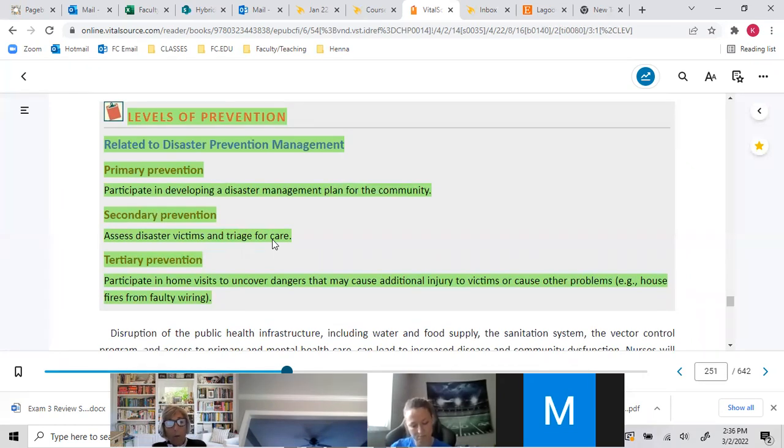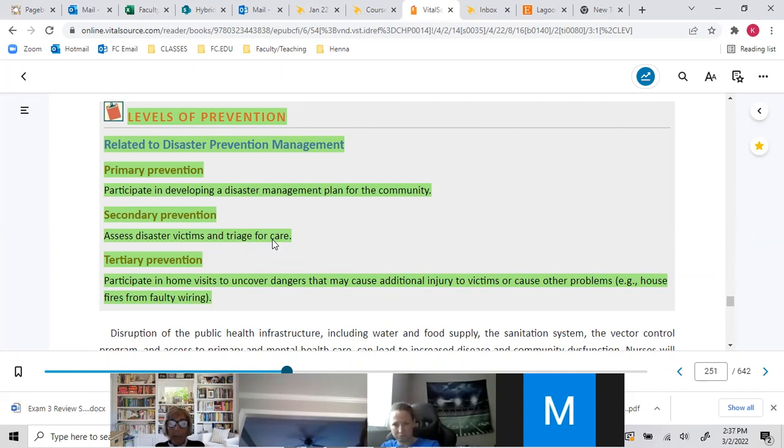All right, so let's figure out our levels of prevention related to disaster management. Primary: participate in developing a disaster management plan for the community. Why is this primary? It's giving education on what you should do before the disaster even happens.